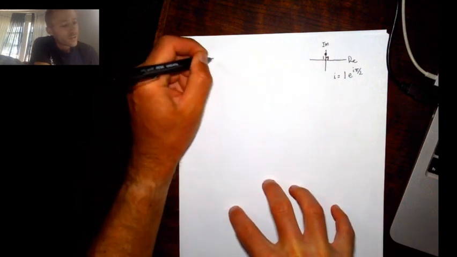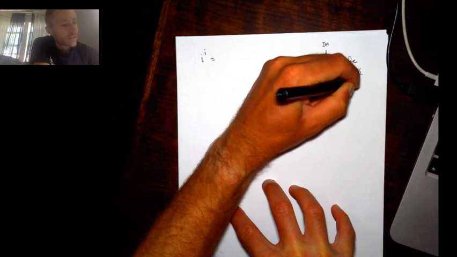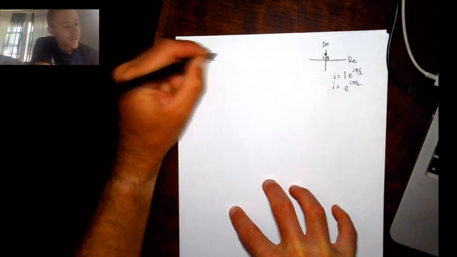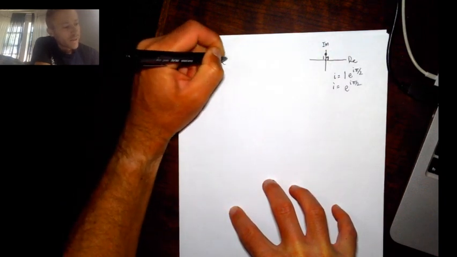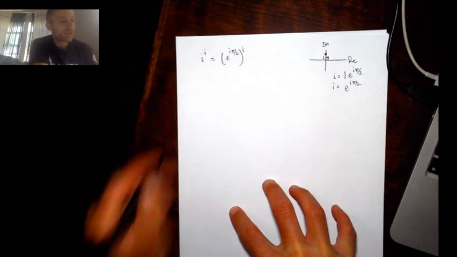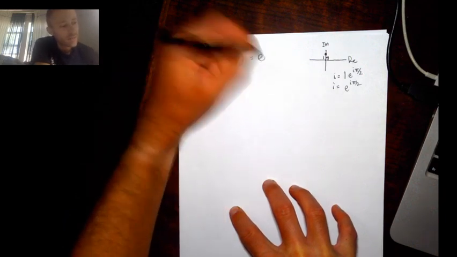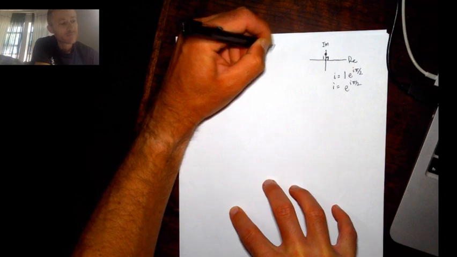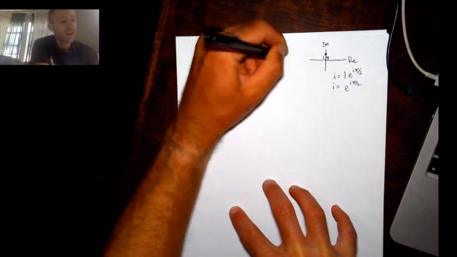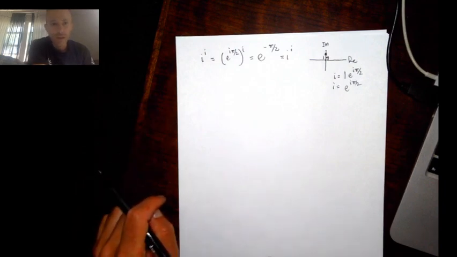So i is equal to e to the i pi over 2. So i to the i would be e to the i pi over 2 to the ith power. So see how we have i squared, which is negative 1. So you have e to the minus pi over 2. So that's i to the i. It's kind of cool, I think.